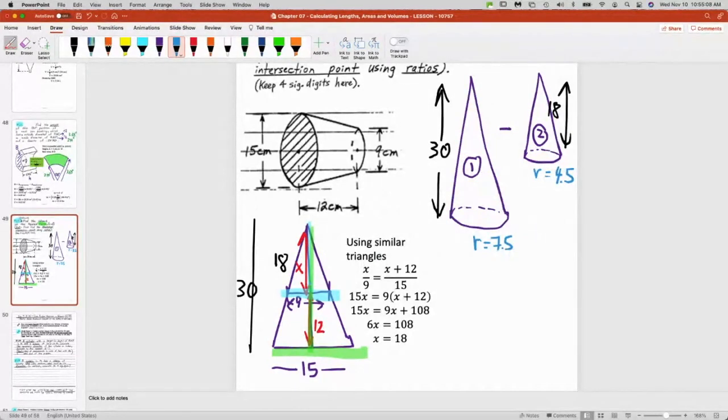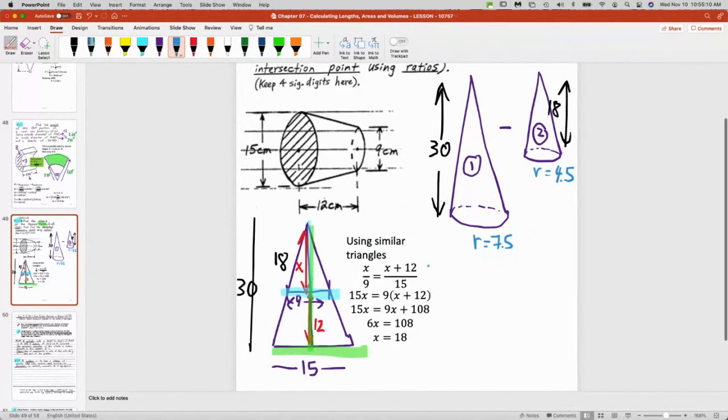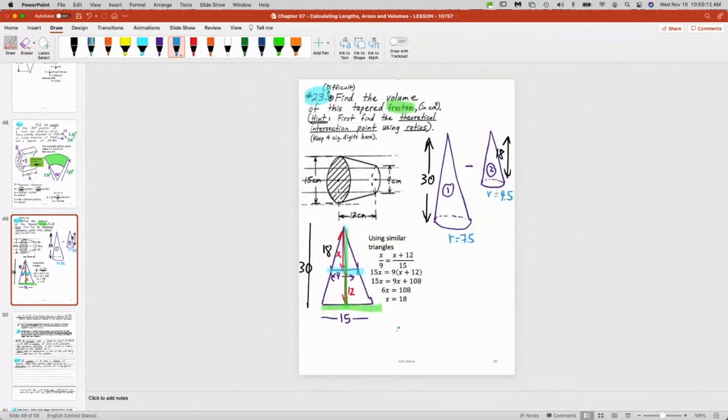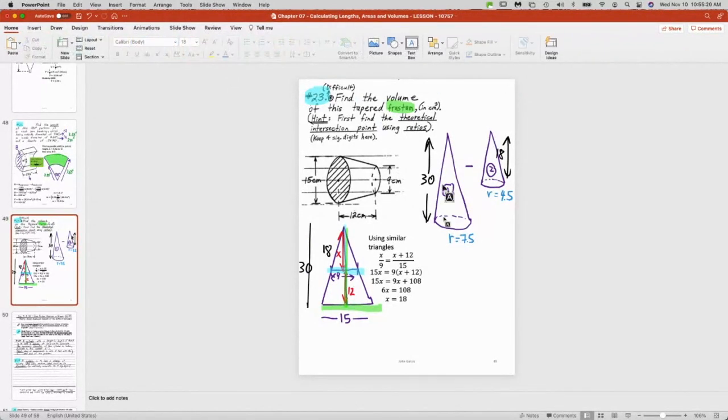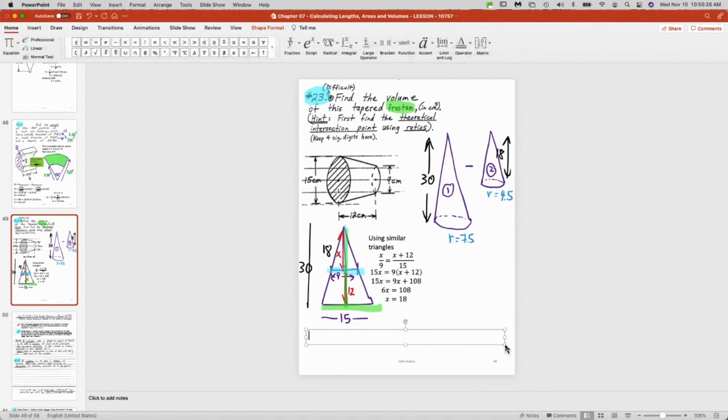So insofar as setting it up now, we're good to go because we've done all the setup calculations, and now we simply have to do a volume calculation. Down here, this is our final step in the question. The volume will equal volume of the first cone minus volume of the second cone.